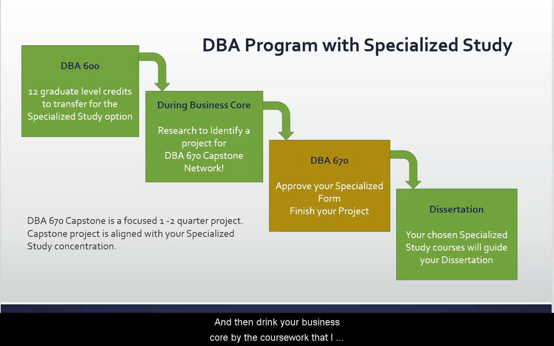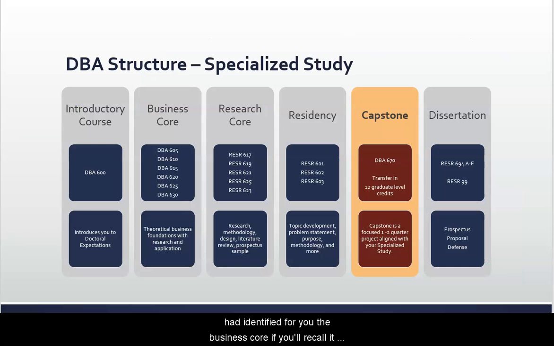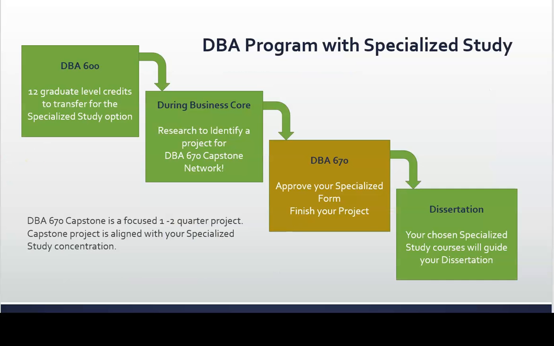And then during your business core, the coursework that I had identified for you, if you'll recall, it is these courses right here. If you would work on this on your capstone course to identify a project that you can do in your capstone, that would be really helpful for you, really get you set up in a nice way.